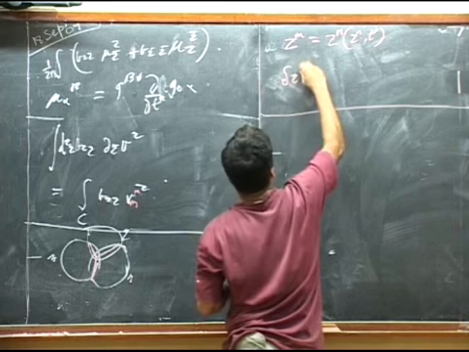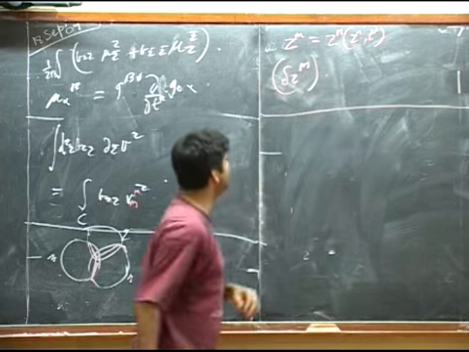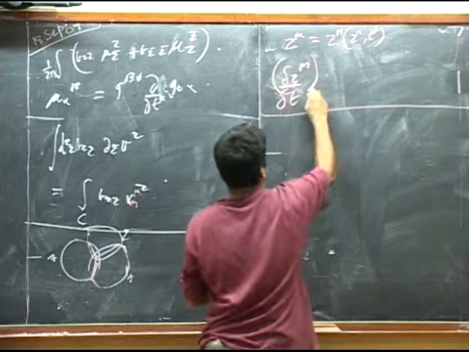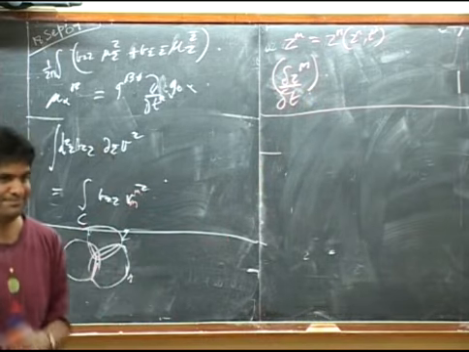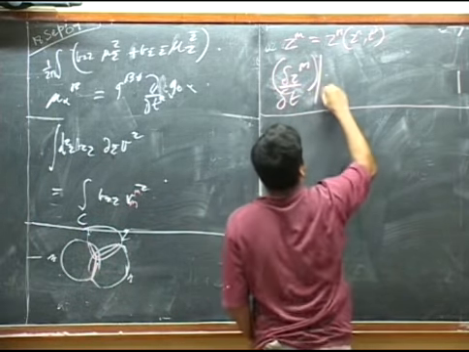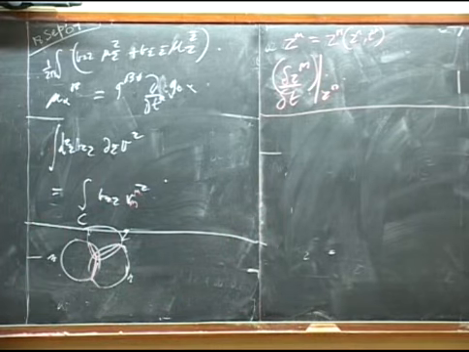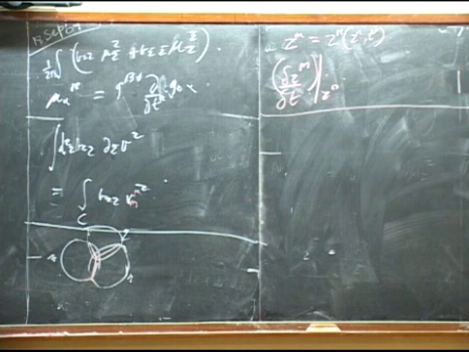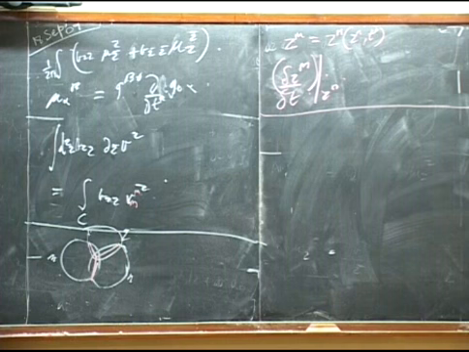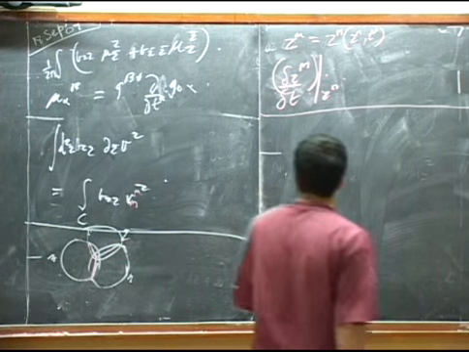I want to evaluate what delta Zn is by delta t at fixed Zn. This is the thing that I want to do to evaluate what the change in the transition function is. It's how much this function changes at a fixed value of the coordinate Zn as t changes. Now, how do I evaluate that?